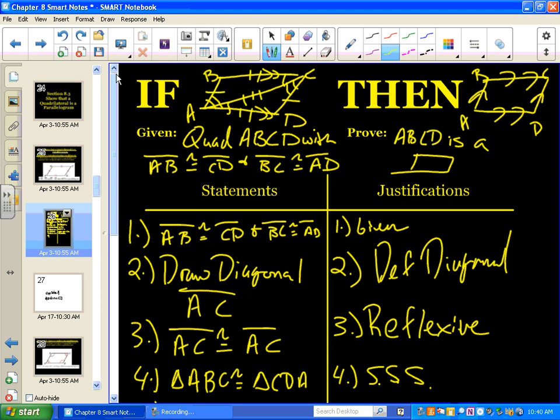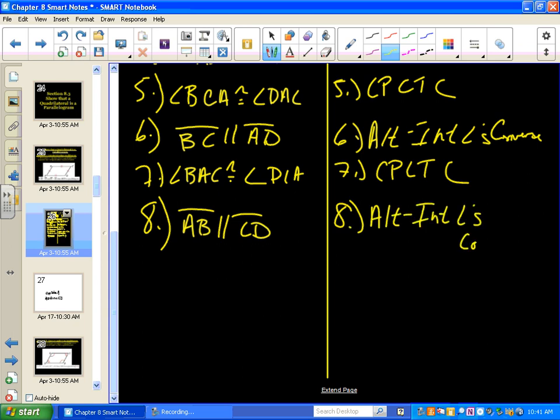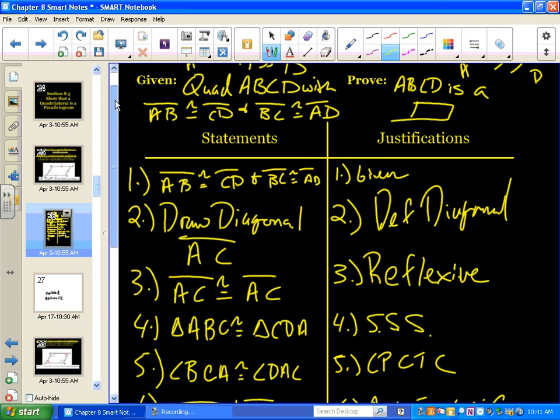With those angles being congruent, what do we now know? Daniela. AB is parallel to CD. Why? Alternate interior angles converse. Good. So AB is parallel to CD. So we have the two opposite sides parallel.